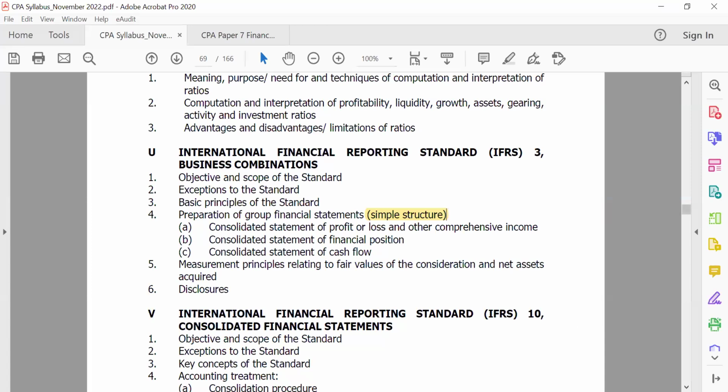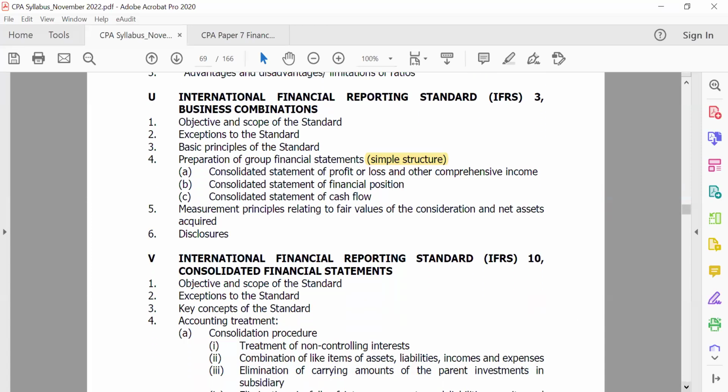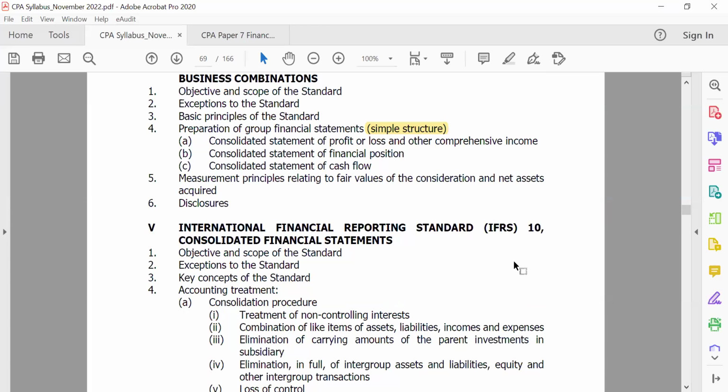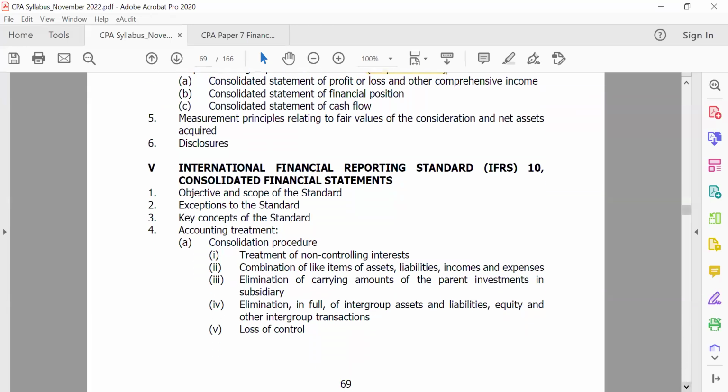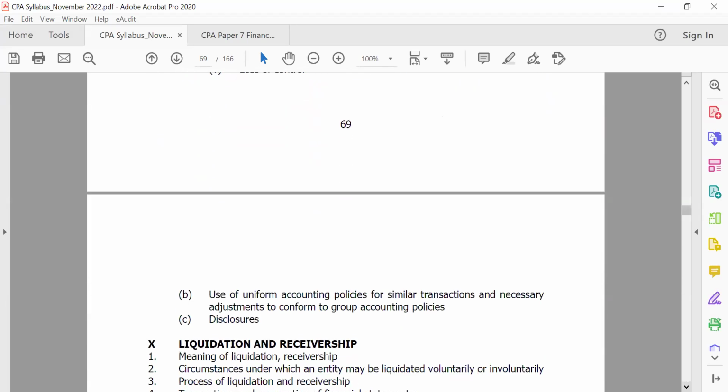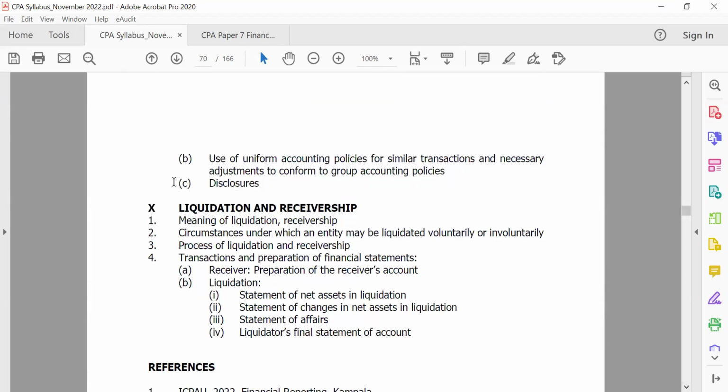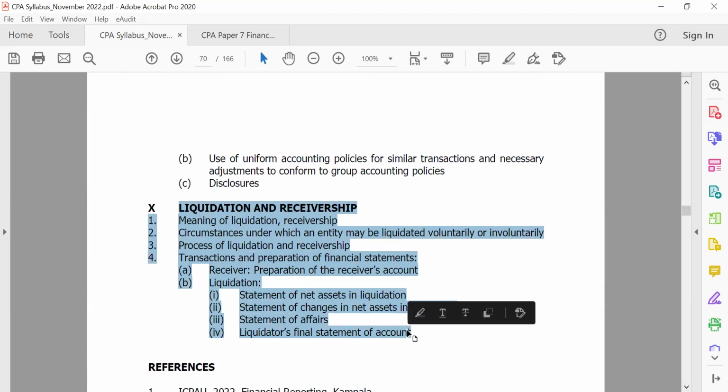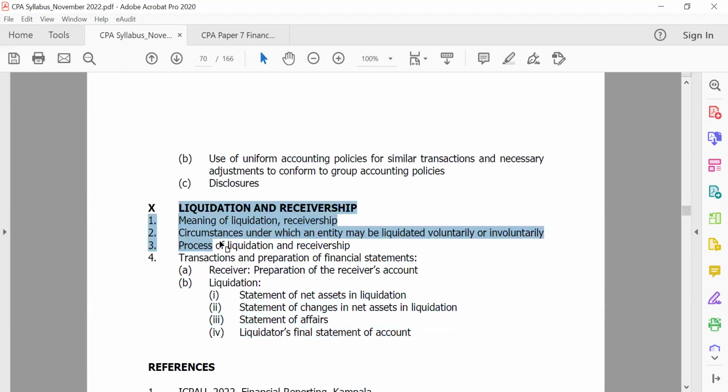And then you will also be able to look at aspects of IFRS 10, which is consolidated financial statements, still building up from the combination. And then remember, our last outcome was to do with preparation of financial statements for companies under liquidation and receivership.